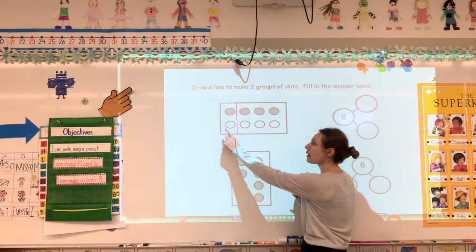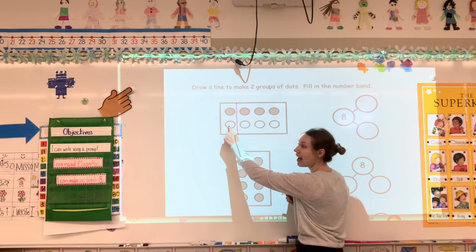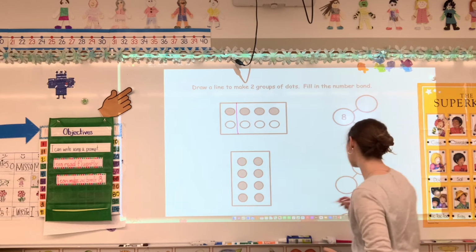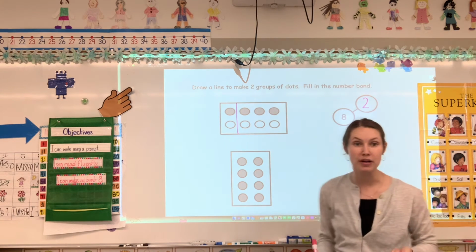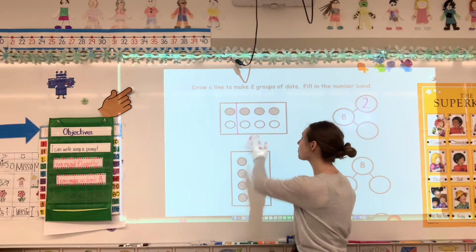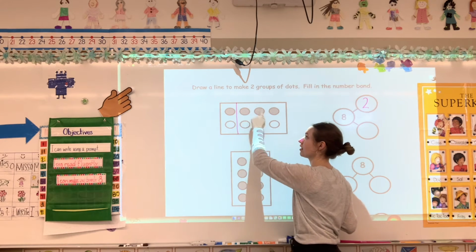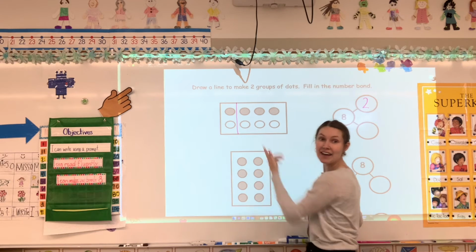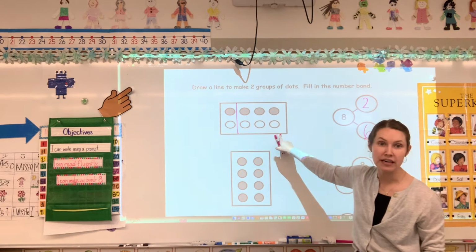Now, how many do I have on this side of my line? I have 2 dots on that side of my line. So that means that one of my hidden partners is going to be 2. Now, how many do I have on the other side of my line? My other group. I have 6. So what did I show with this picture here and with my number bond?